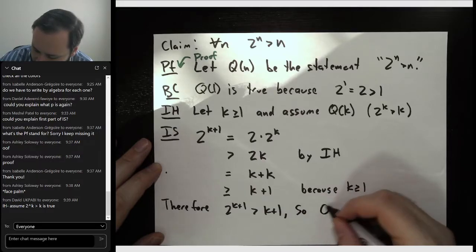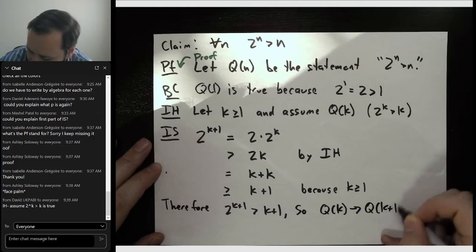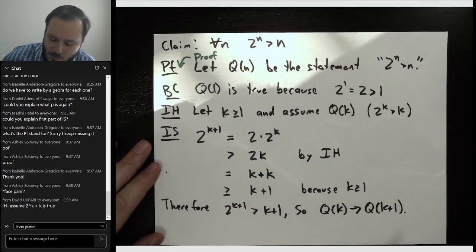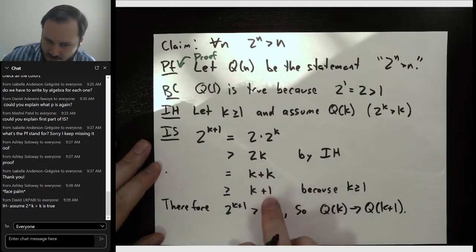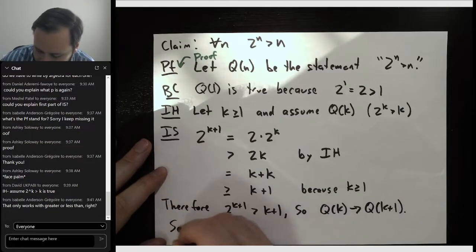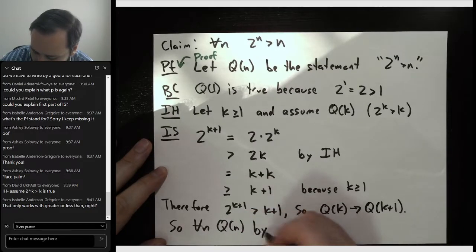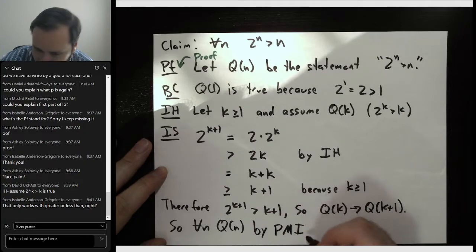So q of k implies q of k plus 1. Right? That was a trick. But it works. And then I can conclude, so for all n, q of n by the principle of mathematical induction.